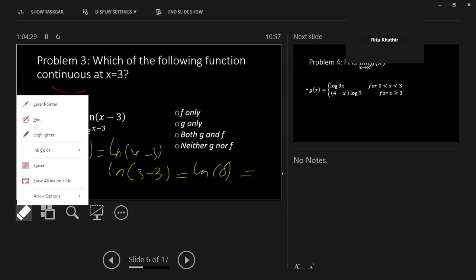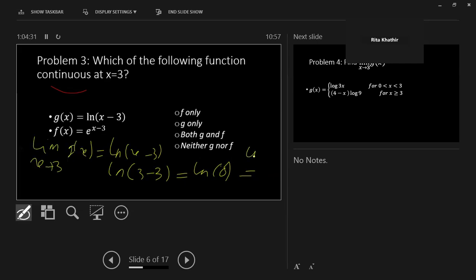You learned this from school. So the g of x is undefined, meaning the limit does not exist, or it is discontinuous, not continuous.